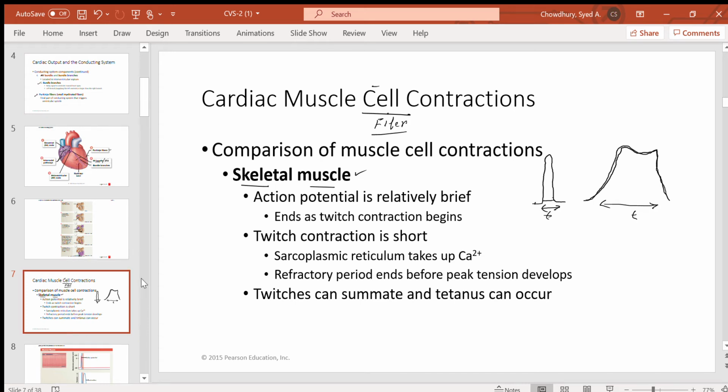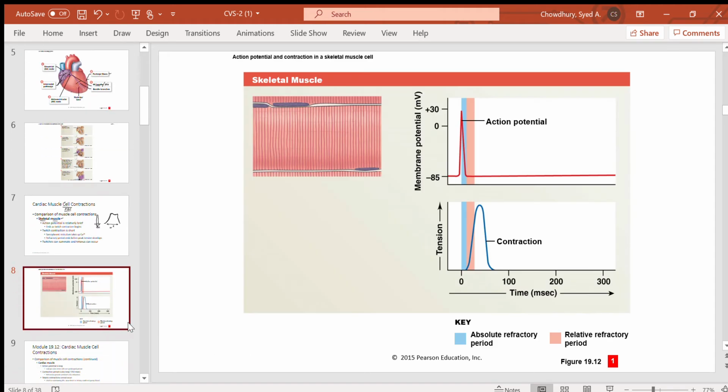So the contraction of both skeletal muscle and cardiac muscle is helped by some ions. Calcium is one important ion that is required for muscle contraction. In ANP1 you have learned about calcium, actin, myosin, troponin, tropomyosin, how the calcium binds with troponin before muscle contraction. So calcium is very important. Okay, the action potential in the skeletal muscle is pretty fast.